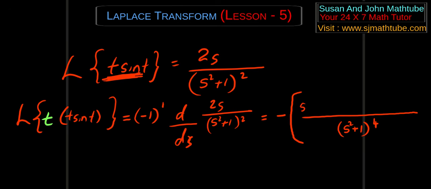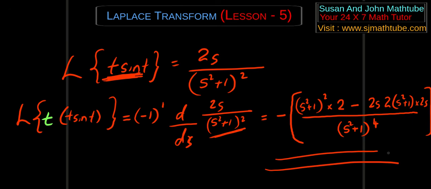So denominator, and derivative of the numerator minus numerator and derivative of the denominator, that will be 2 into s square plus 1 into 2. Okay, now it's your turn. Simplify, simplify, simplify, and you will get the answer. I hope you understood this problem.